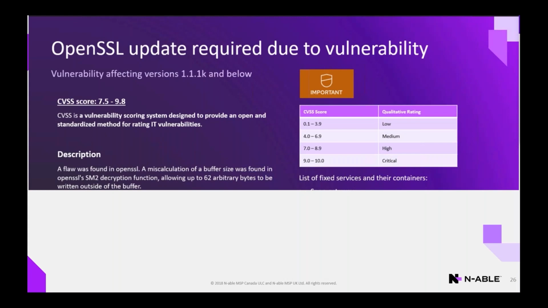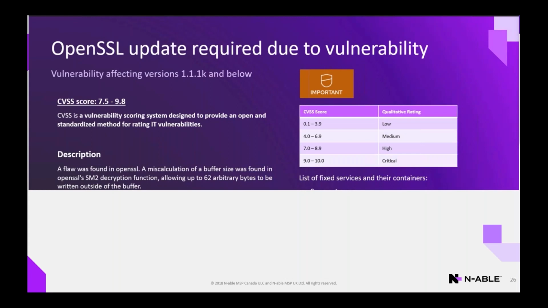There were also some additional OpenSSL vulnerabilities that were brought to our attention last month in December, specifically affecting versions of OpenSSL 1.1.k and below or earlier. So we did jump on that and immediately rolled out an update to address that, effectively using that older or flawed version of OpenSSL.